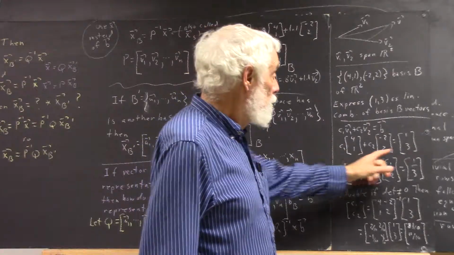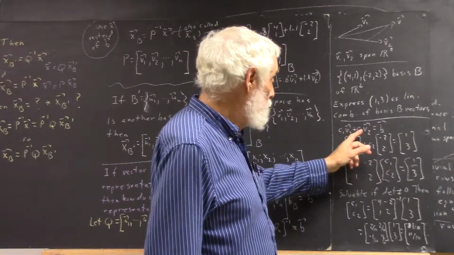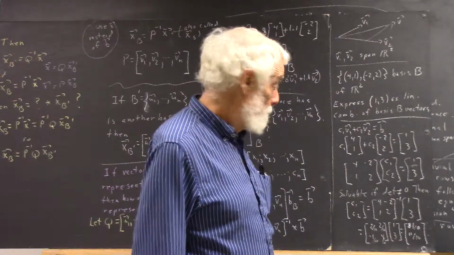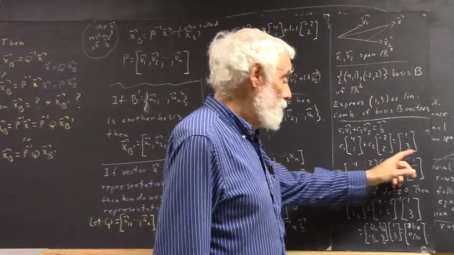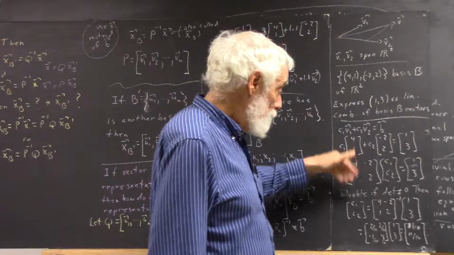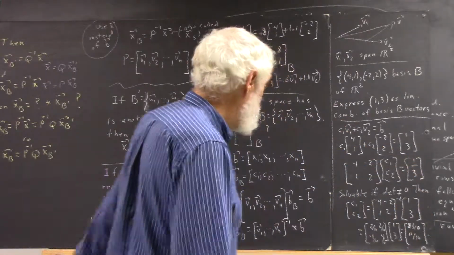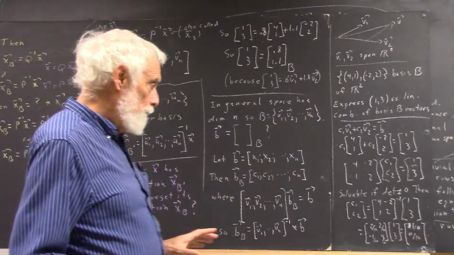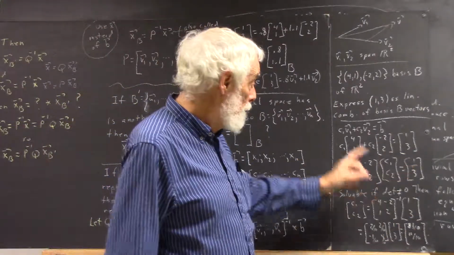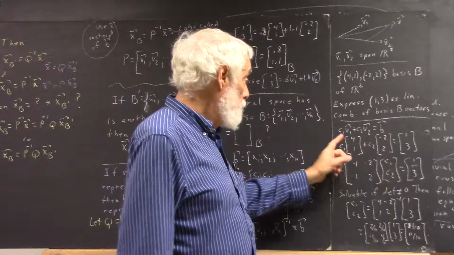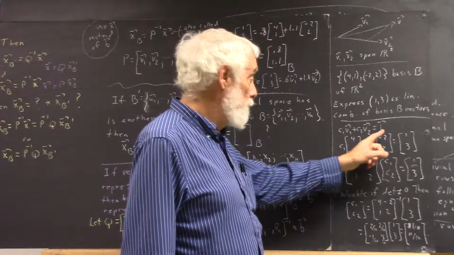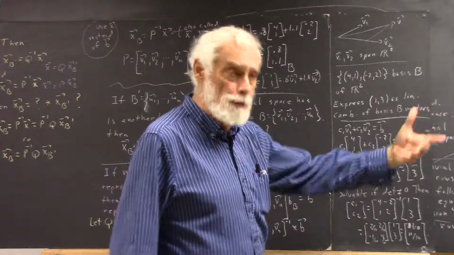It follows from the fact that we have C1 V1 plus C2 V2 equals B. We write that out, and we get this matrix equation, and that's where the basis vectors end up. So it's not a magical formula or anything. It's where the basis vectors have to end up if we write out this equation that says a linear combination of the basis vectors is equal to our B vector.